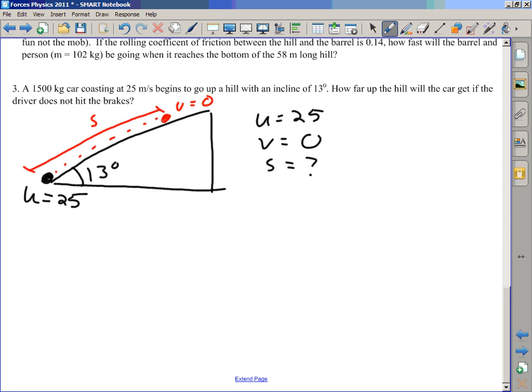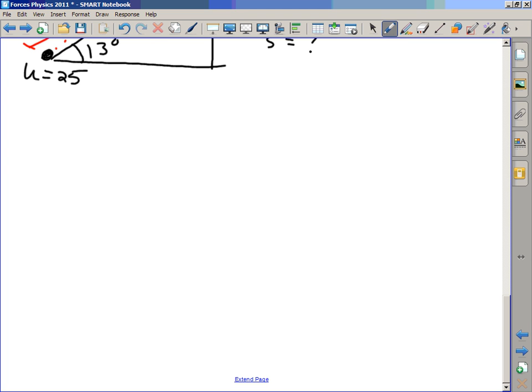So, xy axis here and free body diagrams. So tilt my axis. Normal. Is there any force going up the hill? No, good. There is no force going up the hill. The car is coasting, meaning there is no force driving it upwards.